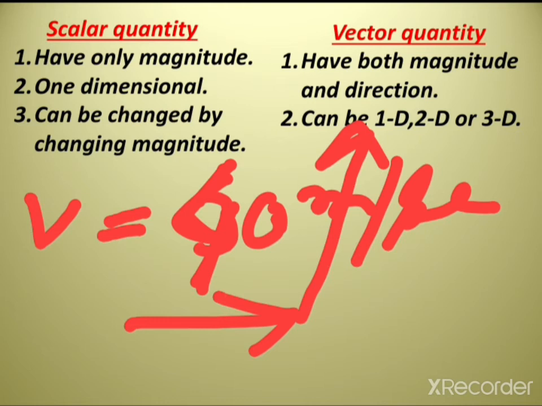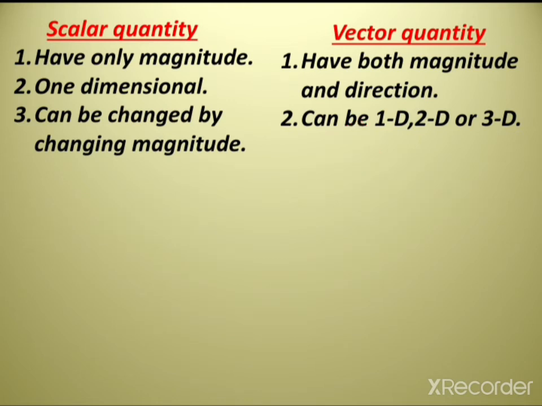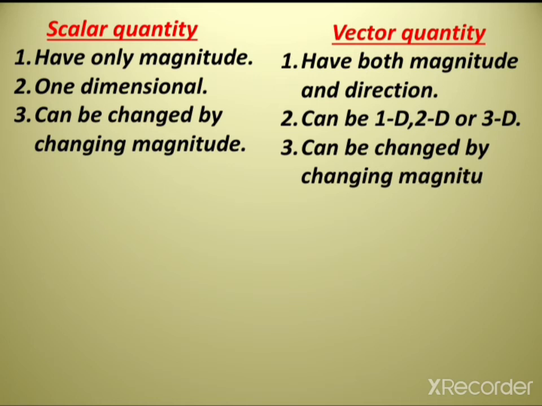In this case, you have sensed both the magnitude and the direction of the motion. So in this way also you can sense the velocity. That means vector quantities can be sensed by sensing its magnitude, direction, or both the magnitude and direction.